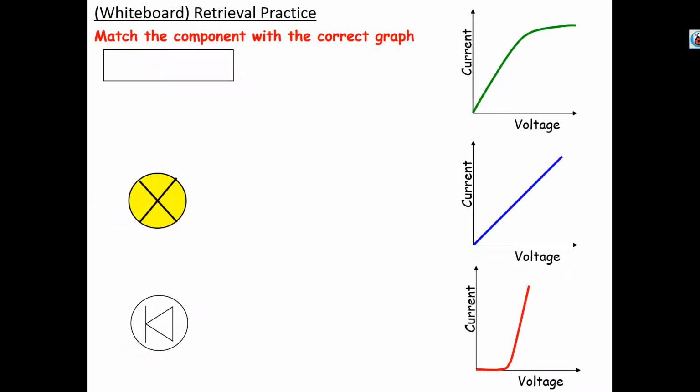Okay, slide number 2 is looking at last lesson's work, all about the different circuit components. So see if you can write down the name of the symbol and then match it up with the correct voltage current graph. Pause the video, go for it now.